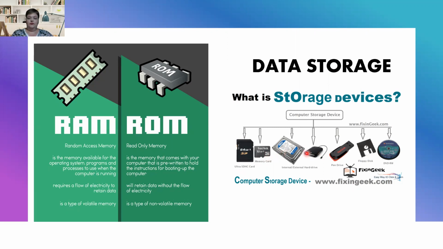Then we have two types, internal and external. The internal one is this first picture. That is what's physically in your device, in your PC or your laptop. Now you get different sizes. Obviously the laptop is smaller in physical size, but not necessarily in storage size.